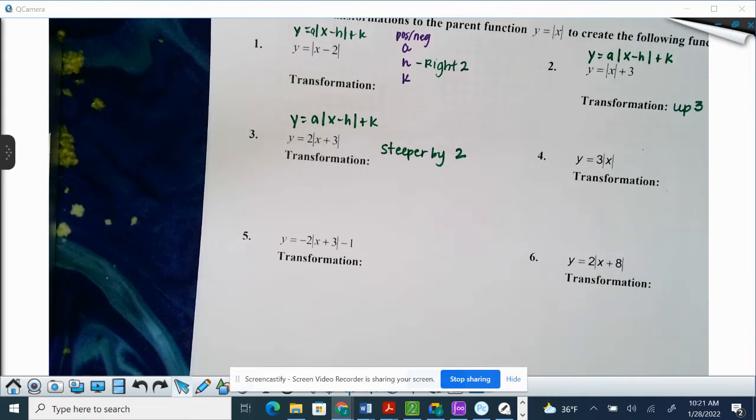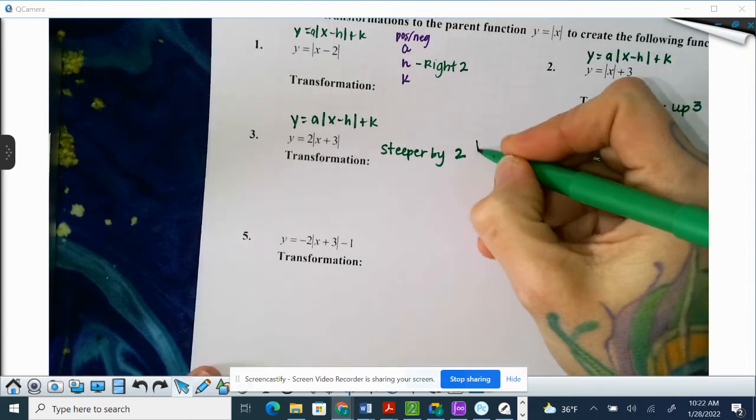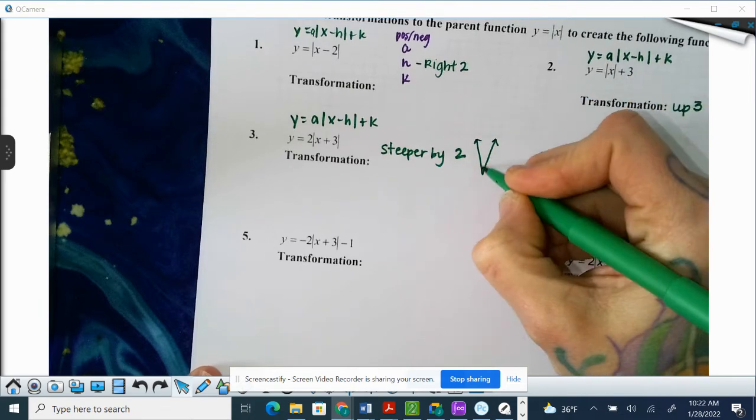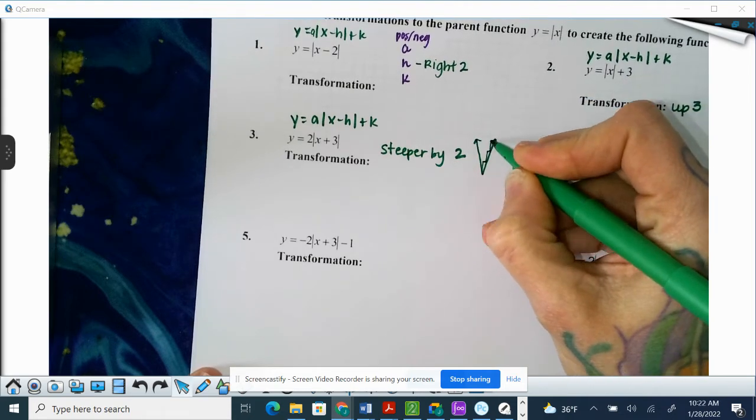Okay, that is how this works. So the more cheeseburgers, 1 cheeseburger, 2, 3, 10 cheeseburgers, these graphs are going to get skinnier. So they're going to vertically stretch. So they'll get more peaked, steeper, because it would be up 2 over 1, up 2 over 1, up 2 over 1 is what that 2 does.